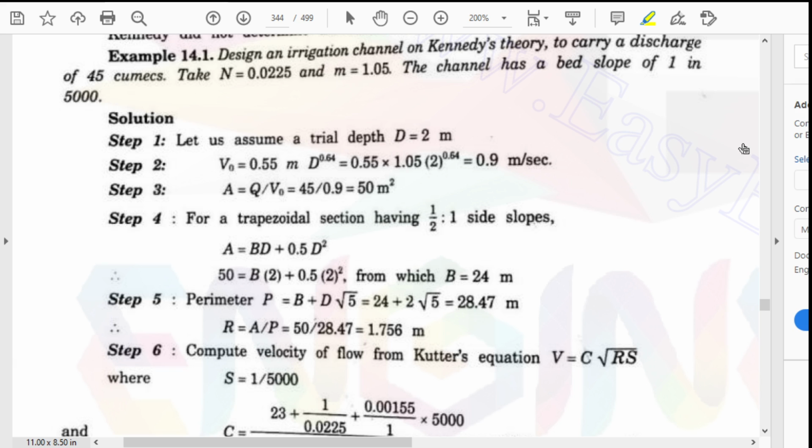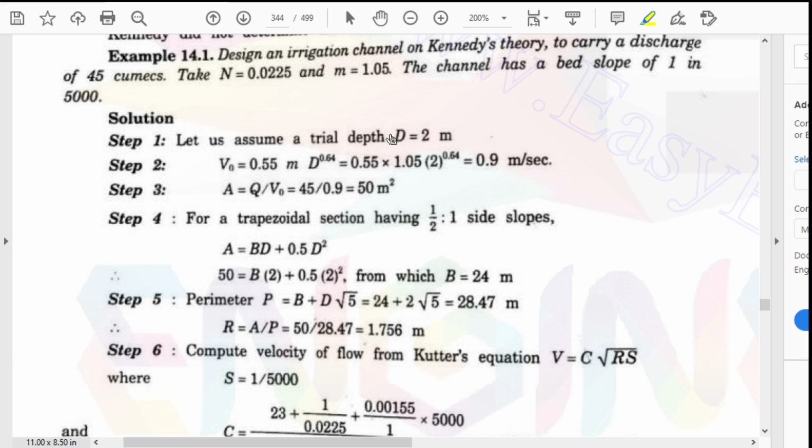Now, if you remember, the first step is to assume the trial depth for the canal. Here they have assumed a trial depth of 2 meters. The second step is to find the velocity by using Kennedy's equation. Kennedy's equation is v naught equals 0.55 m d raised to 0.64.